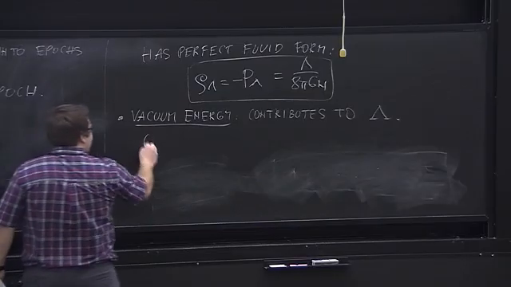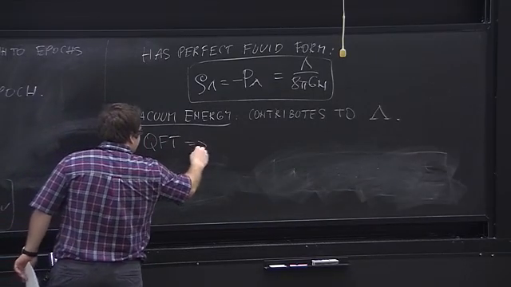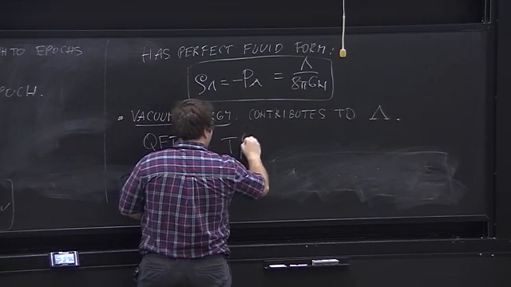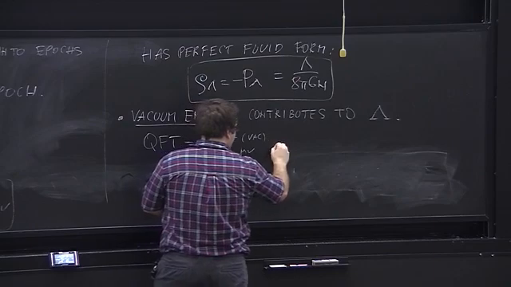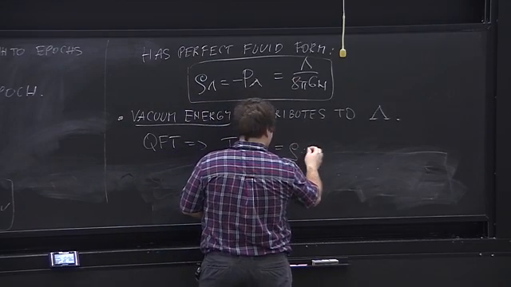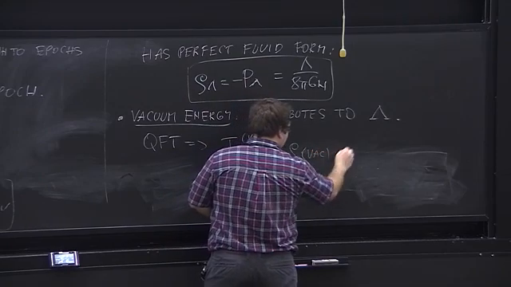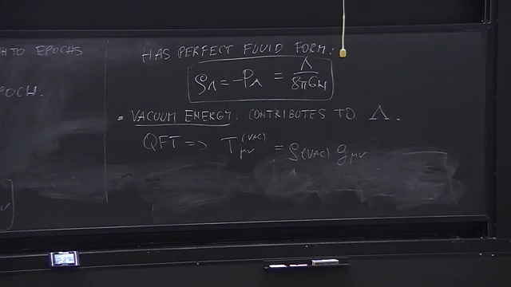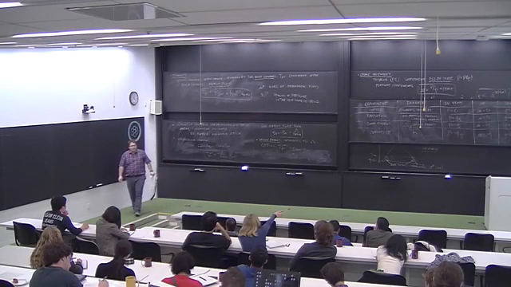And it's predicted by QFT that this has the right form. So T mu nu of vacuum fluctuations is just rho of vacuum fluctuations times g mu nu. So that's why you can say, well, this is what is predicted by QFT. You can look at these two, and it seems very similar.